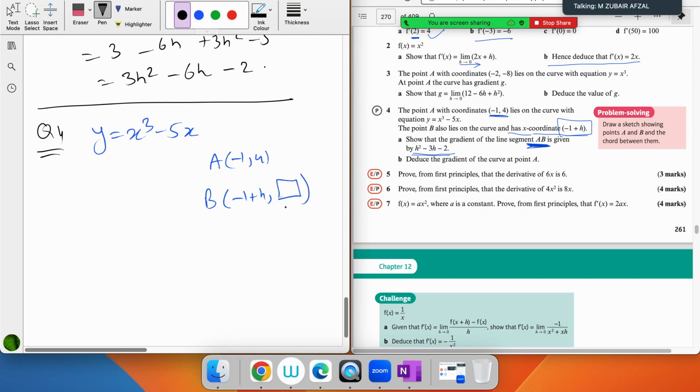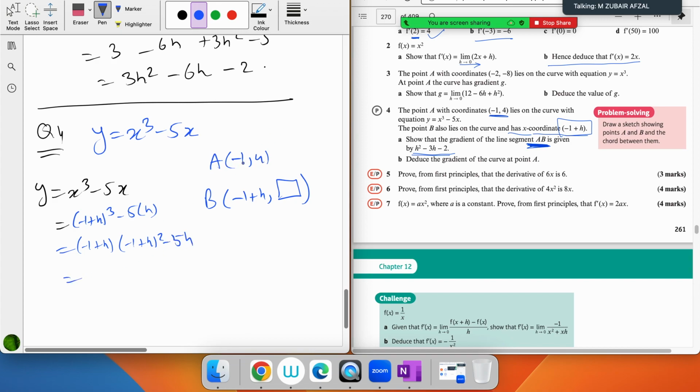So first I'll find the y coordinate of B. So y is equal to x cube minus 5x. When you substitute the x coordinate, it is (-1 plus h) cube minus 5 into h. So this is the y coordinate, and we'll simplify: (-1 plus h) into (-1 plus h) whole square, minus 5h. Are you getting the point?